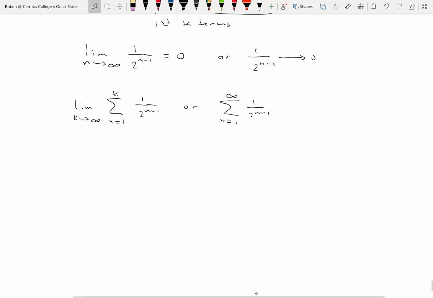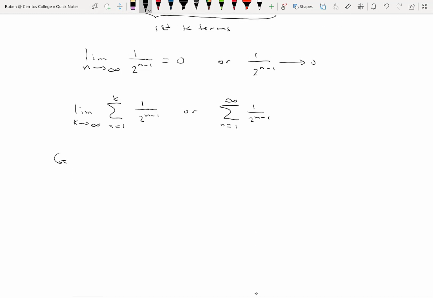So generally, what does a series look like? It's a sum. Series are infinite sums. Sequences are infinite lists, no adding up of the individual terms in the sequence. A series you get by adding up all the terms in the sequence.